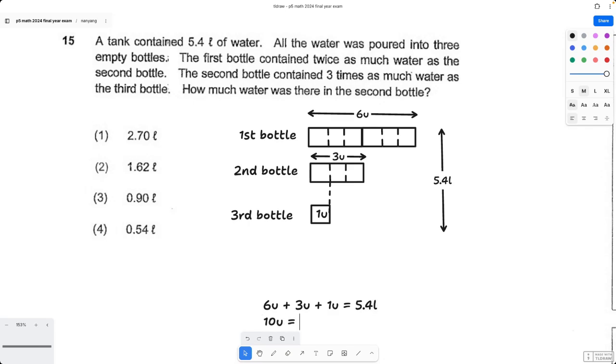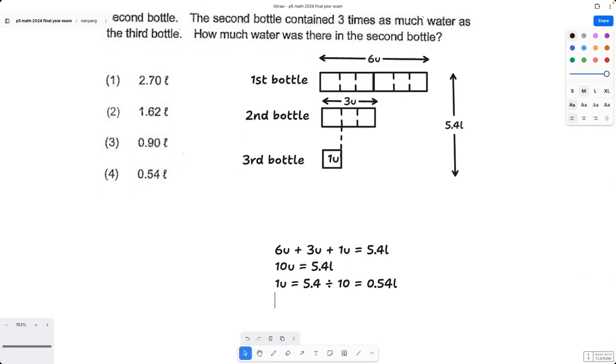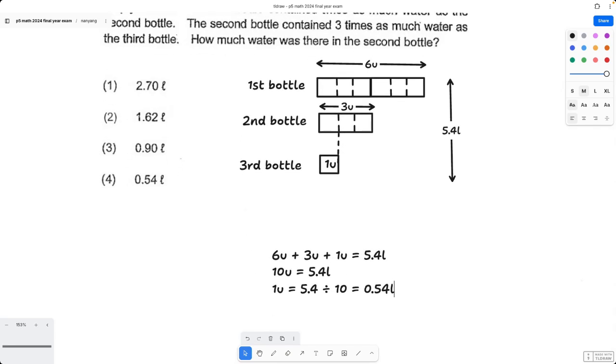So 10 units equal to 5.4 liters. We want to know the second bottle. So 1 unit is equal to 5.4 divided by 10. This will give us 0.54 liters.